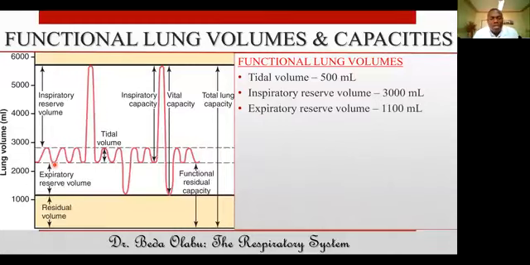That is what we are calling the expiratory reserve volume. It's about 1.1 liters of air. So the only difference between inspiratory reserve and expiratory reserve is the direction of the breathing. But all of them are forcefully being done beyond the normal tidal volume.